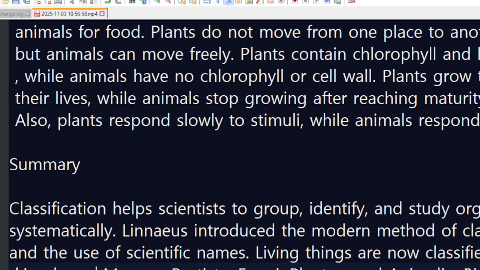whereby he continued from where Aristotle started, whereby the classification of Aristotle was made based on plants that live on land, plants that live in the air, and plants that live in water.